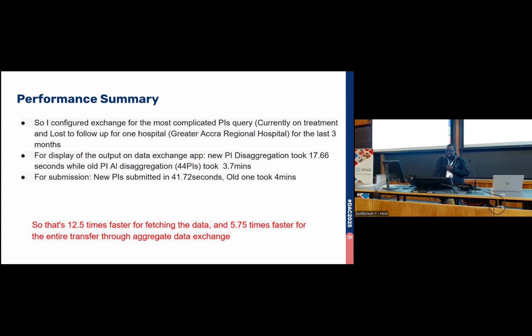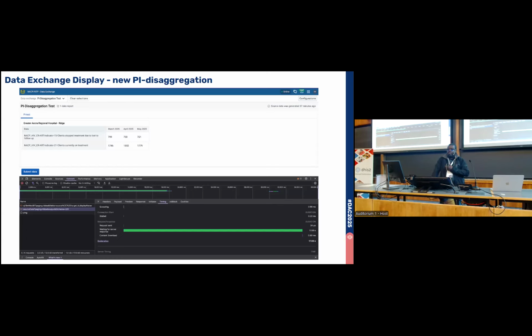We found out that for displaying the output in the data exchange app for the new program indicator disaggregation, it took us 17.66 seconds, and we had a display like this, showing us just 2 program indicators for the last 3 months.